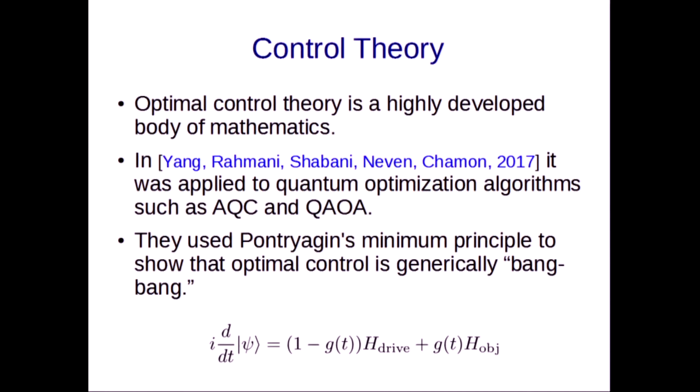So as I've mentioned, optimal control theory is an old area of mathematics, very well studied, with a lot of surprising and interesting and non-trivial theorems in it that you can find in nicely distilled textbooks and so on. And so I thought it was a very exciting thing when these authors showed that this body of work could be applied to the design of quantum optimization algorithms.